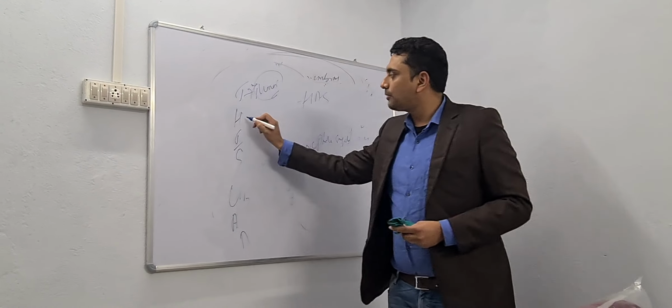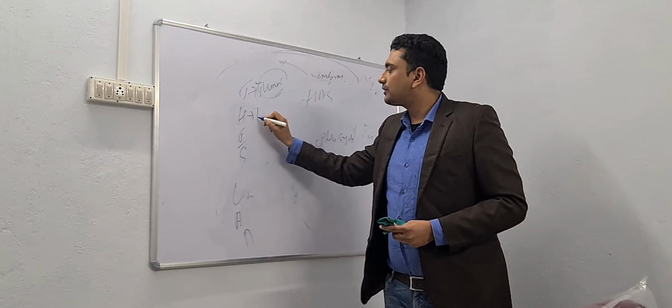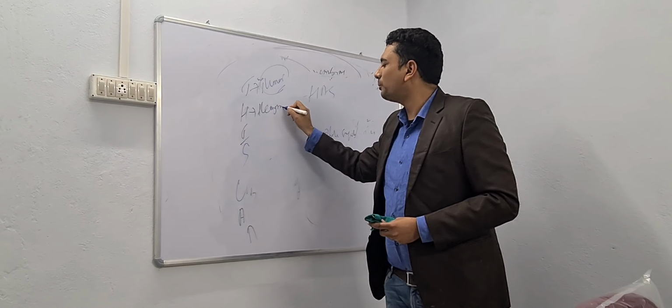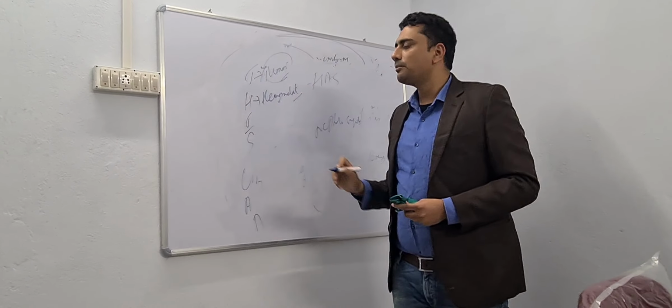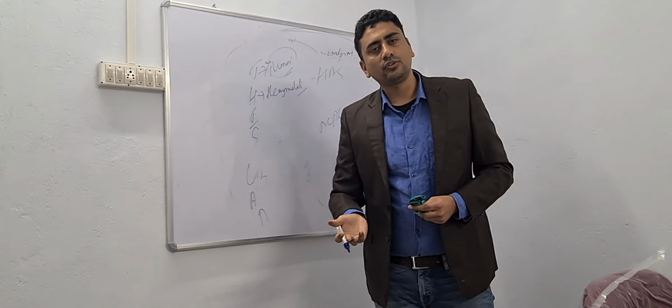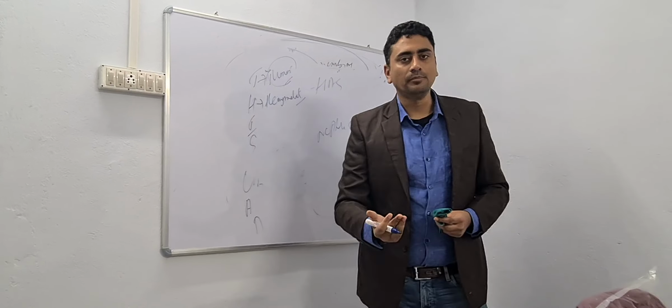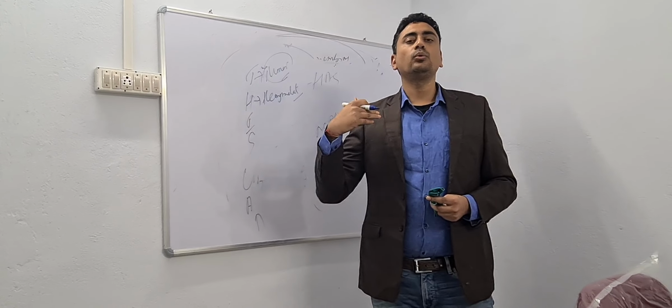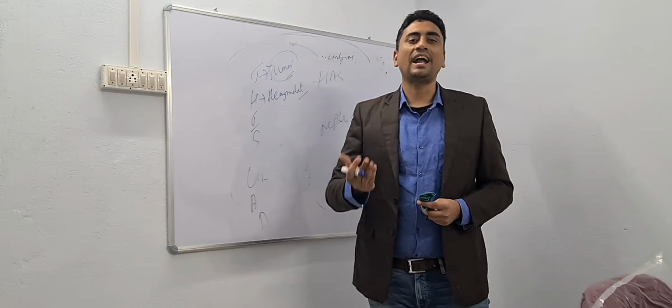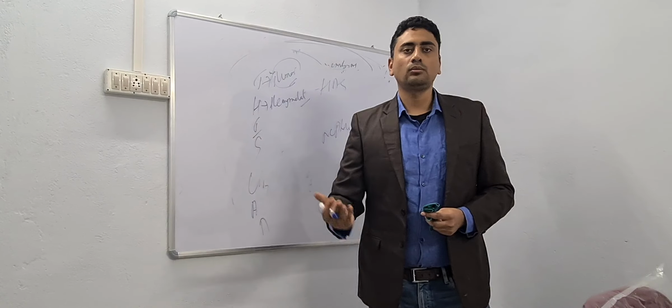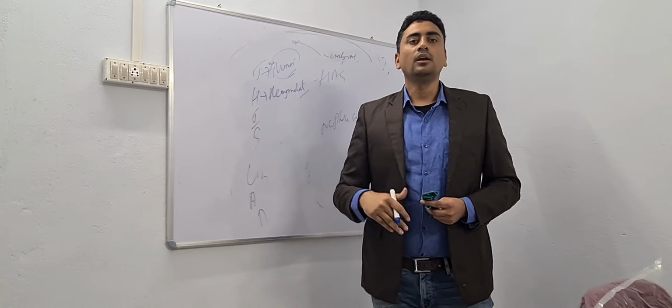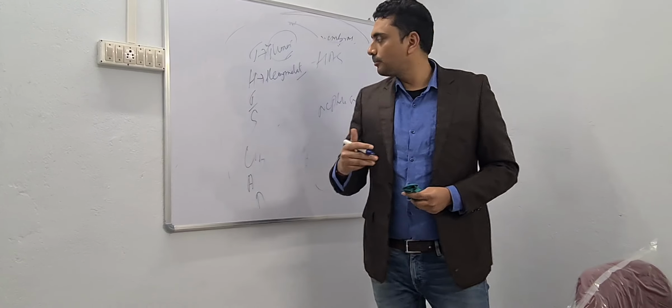Then H stands for heavy metals. There could be heavy metals which can induce nephrotic syndrome. That could be due to mercury or lithium, or it can also be due to certain non-steroidal anti-inflammatory drugs. So drug toxicity can cause nephrotic syndrome.